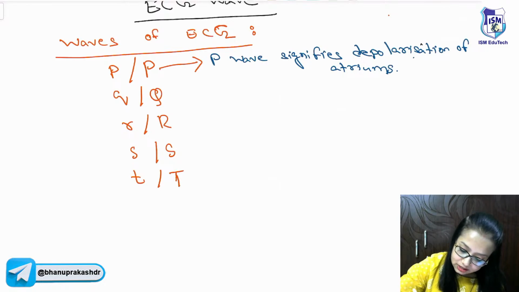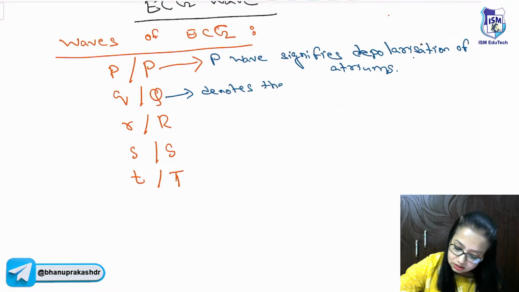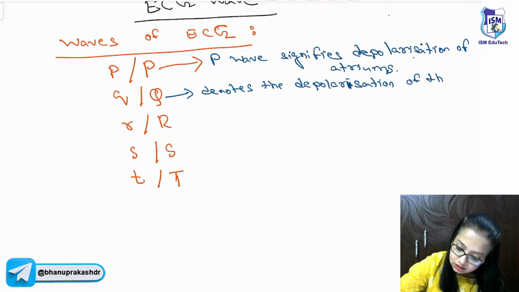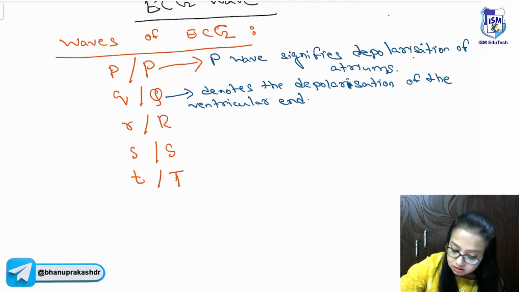Okay. What does the Q wave denote? Q wave denotes the depolarization. We'll come to the picture just after understanding that. Depolarization of the ventricular endocardium.